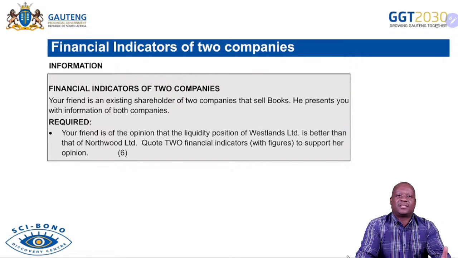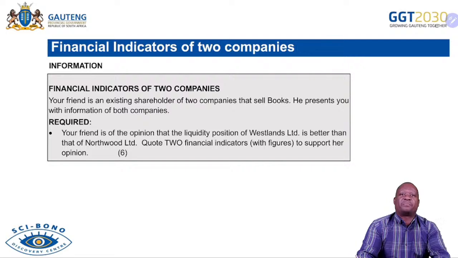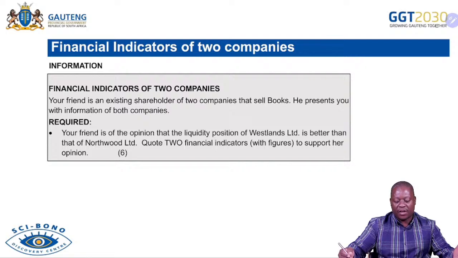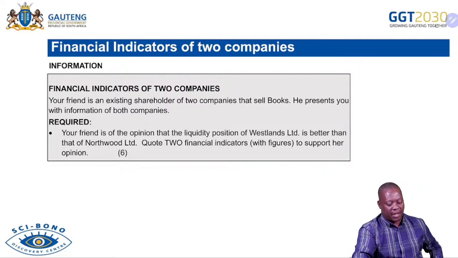Unlike last time when we were just looking into financial indicators for 2 years, today I brought you financial indicators for 2 different companies and we are comparing. And usually we say for comparing, we need to find 2 businesses that are in the same industry so that we cannot have a lot of variances as a result of not doing the same thing.